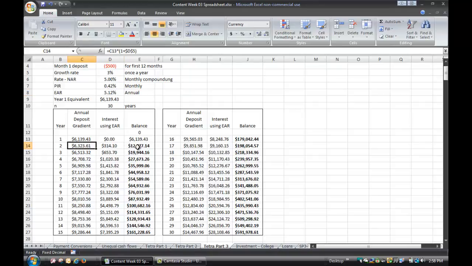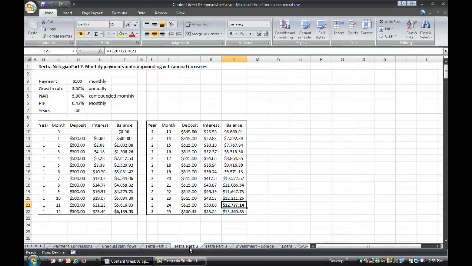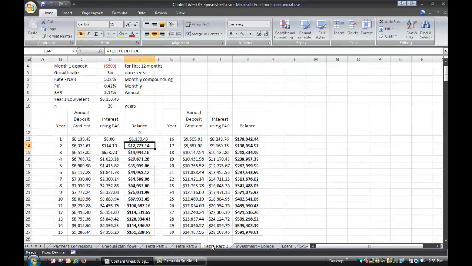Add that to deposit, and we get 12,777.14. So note the 6,139 and 12,777 we just previously did for year 1. There's a 6,139.43. Here's the 12,777.14. So it does work each year.